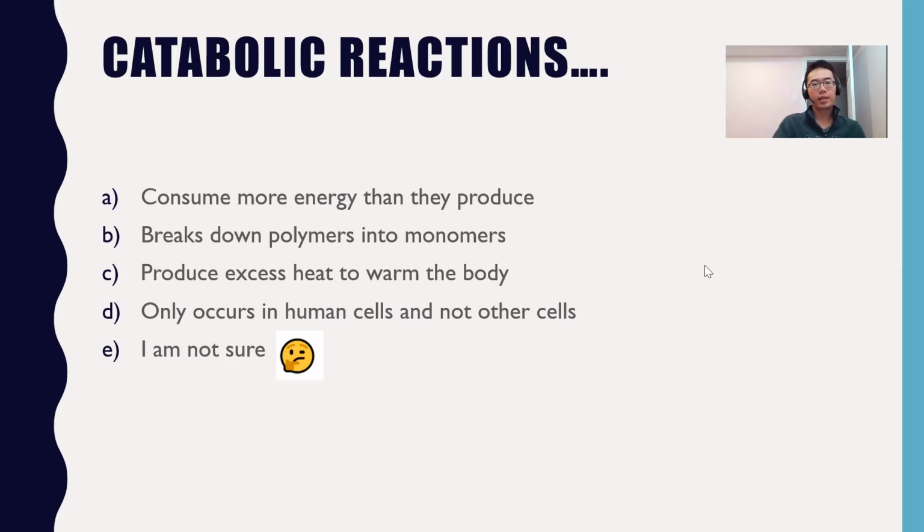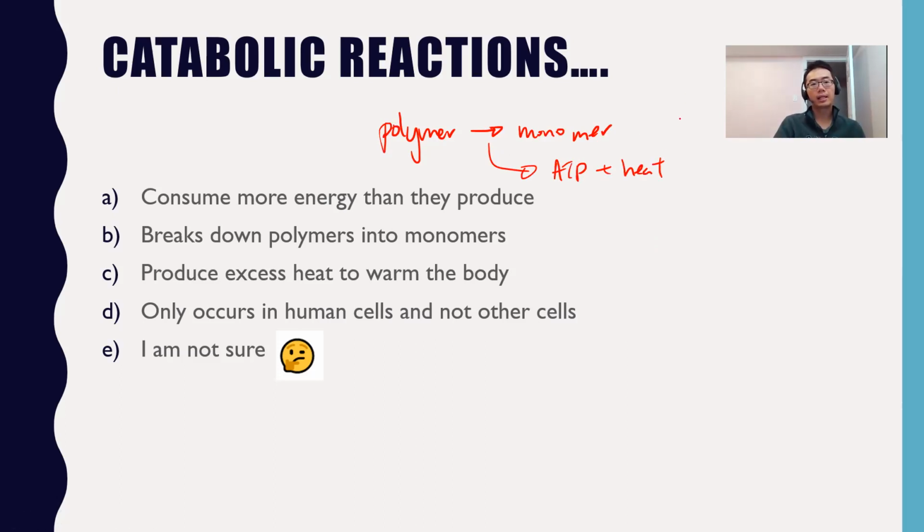Catabolic reactions are going from polymer, the macromolecules, to the monomers. In doing so, it's going to release ATP plus heat. It's like the stuff on the left side of a diagram.